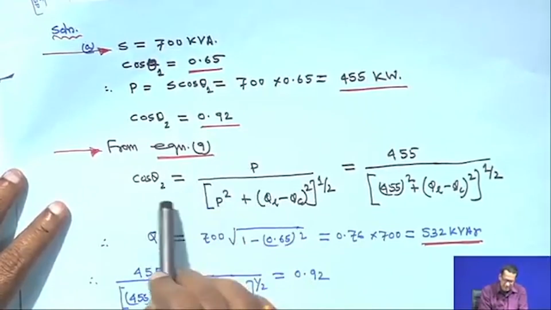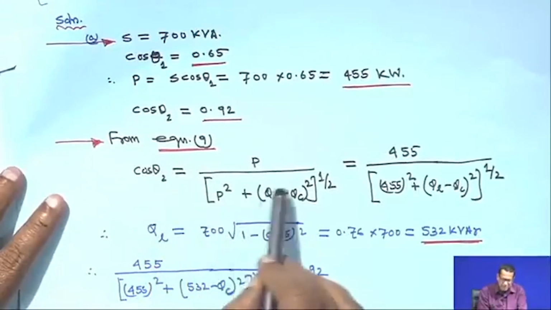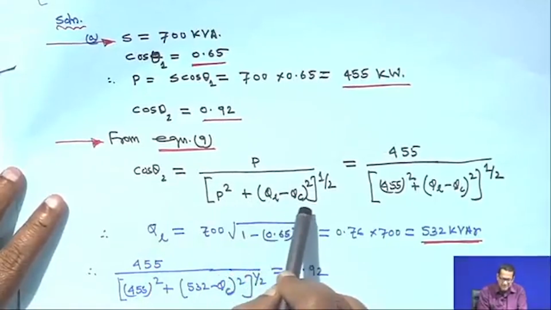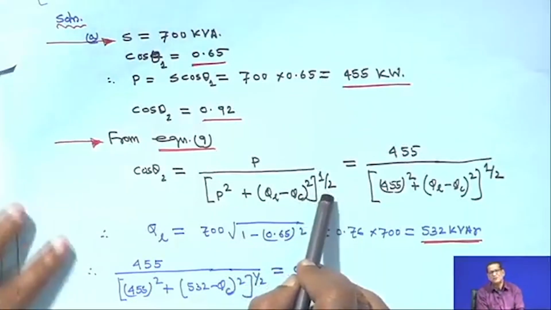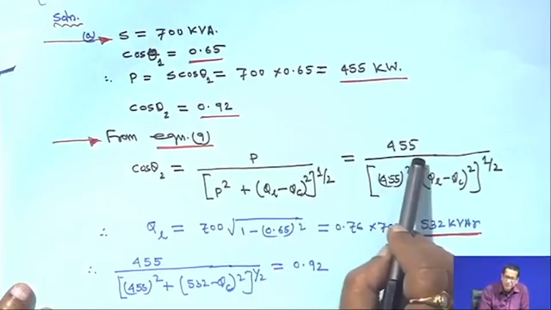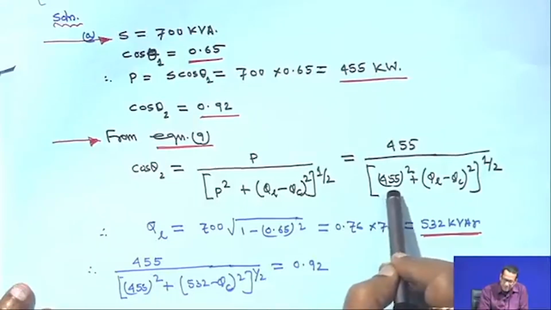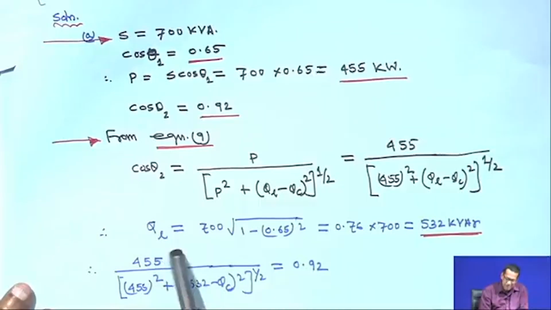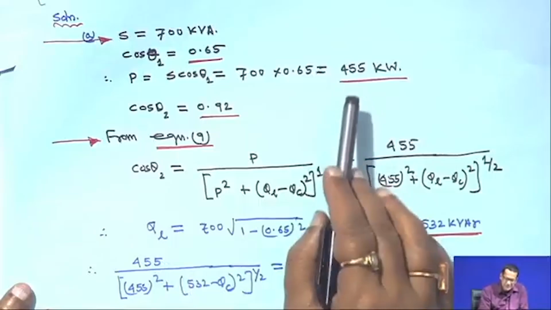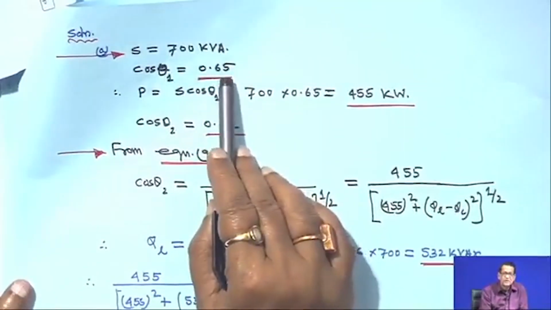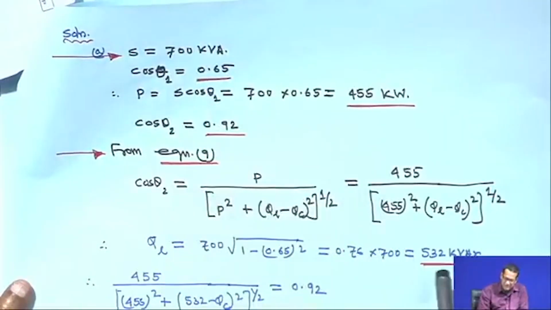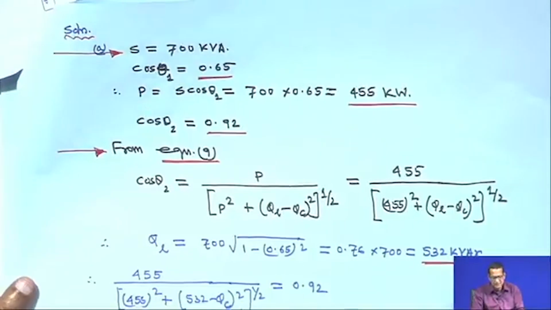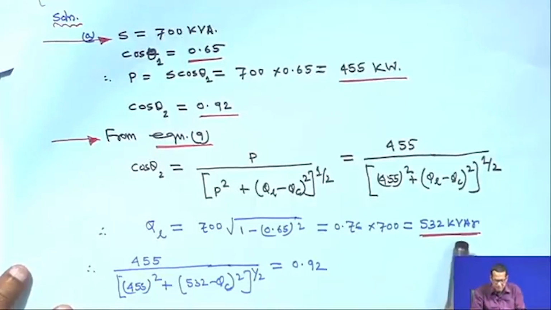From equation 9, cos theta 2 is equal to P upon root over P squared plus (QL minus QC) whole squared. Here P is 455, so it is 455 squared plus (QL minus QC) squared, to the power half. Substituting all this, with cos theta 1 being 0.65, you will get QL equal to 532 kVAr. This is the load reactive power.